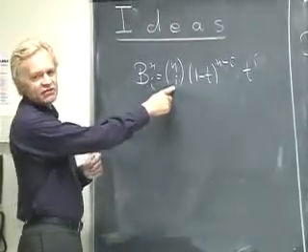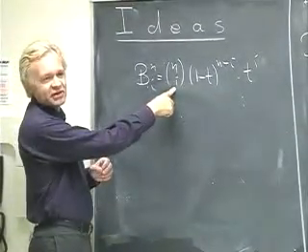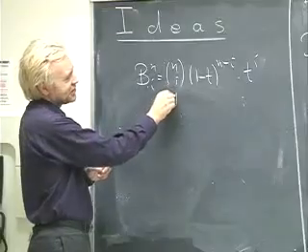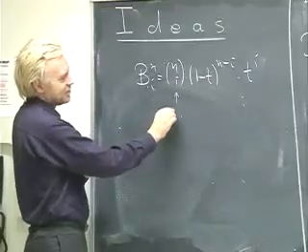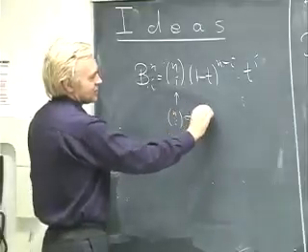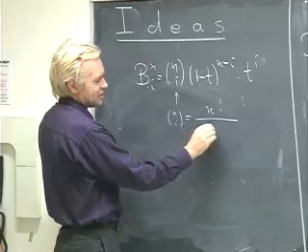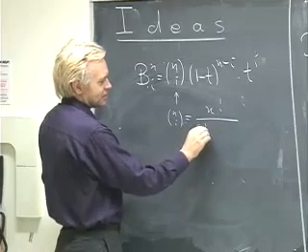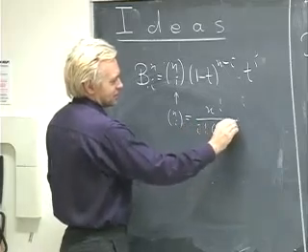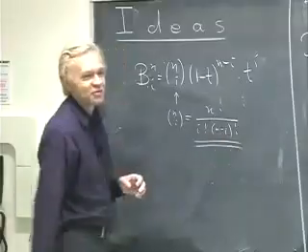What is n choose i? Do you remember what that number is? It is n factorial over (n minus i) factorial times i factorial. Right, those are binomial coefficients.